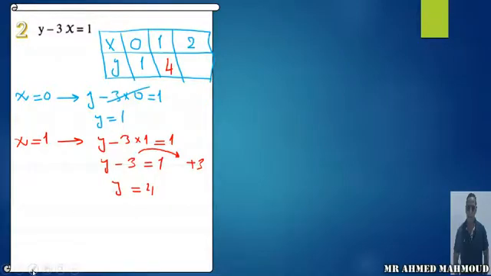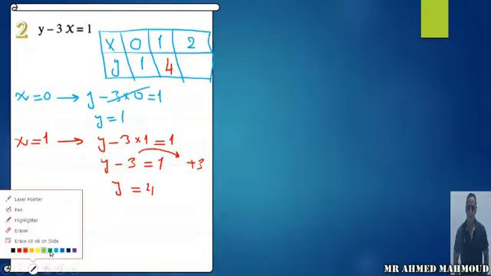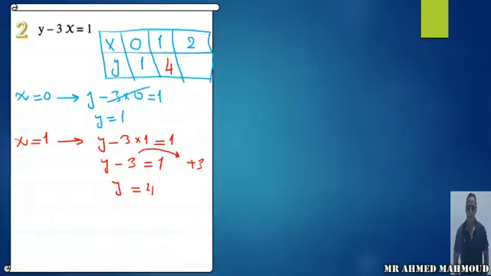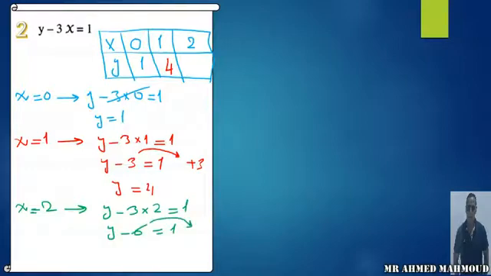Okay, the next one, if x equals 2, then y minus 3 times 2 equals 1. 3 times 2 is 6, and y minus 6 equals 1. Send 6 there plus 6, then y equals 1 plus 6 equals 7.